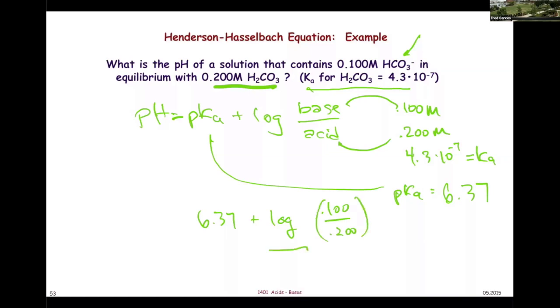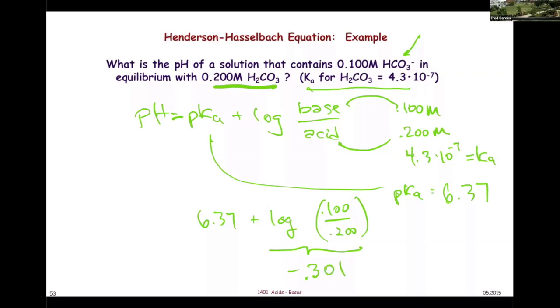Let's do this function first. 0.1 divided by 0.2 is just 0.5, and if we take the log of that, base 10, that comes out to negative 0.301.